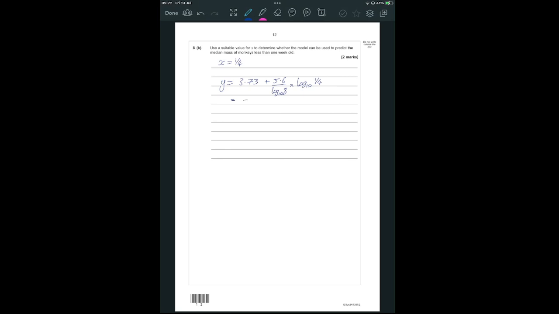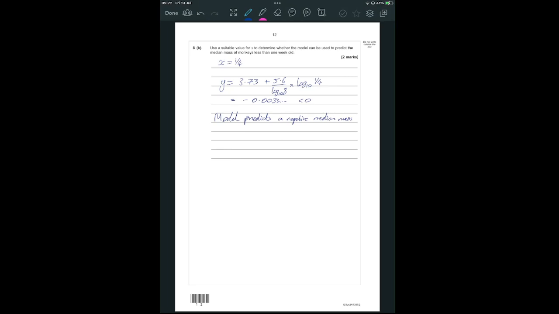This comes out as negative 0.003, loads and loads of threes, which is negative. So the model predicts a negative. Y was the median mass.